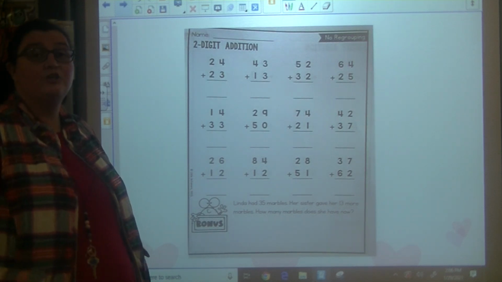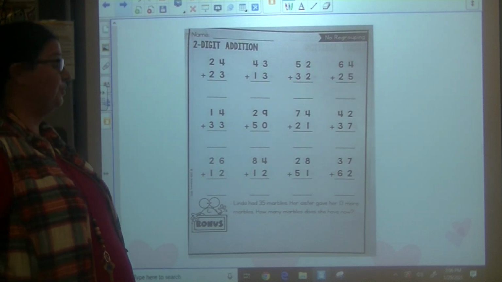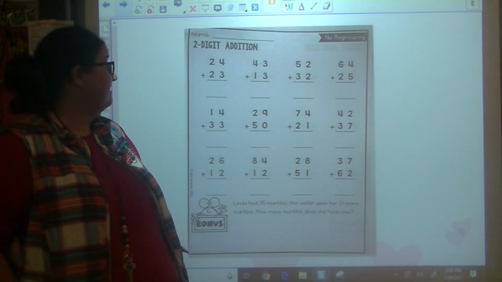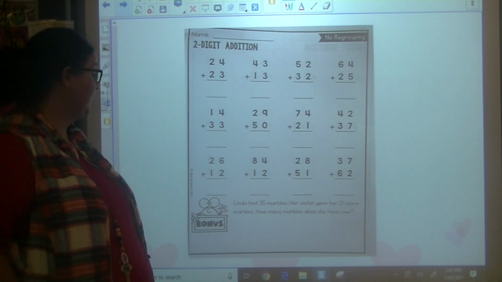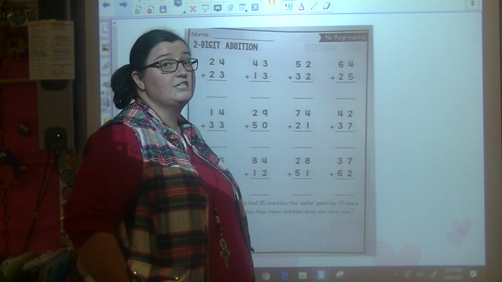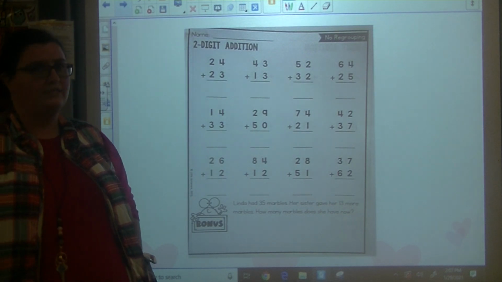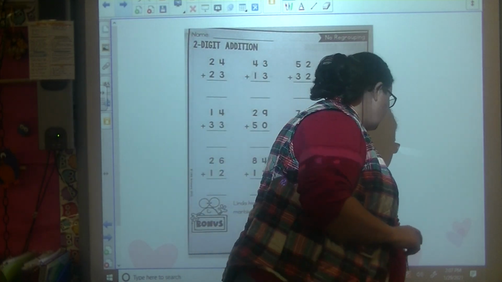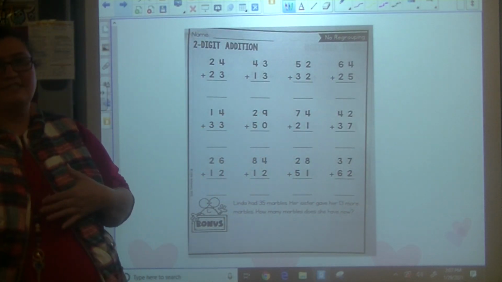Now we're going to do these together as some practice and show you how to add 2-digit numbers without regrouping. The first thing we need to do every time is separate our tens from our ones so we don't get confused. So we're going to take our pencil on this first one and separate our tens from our ones.